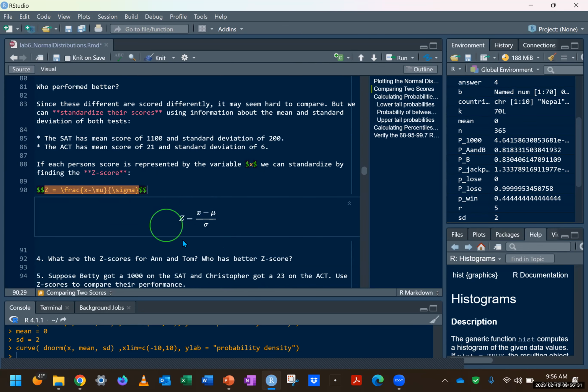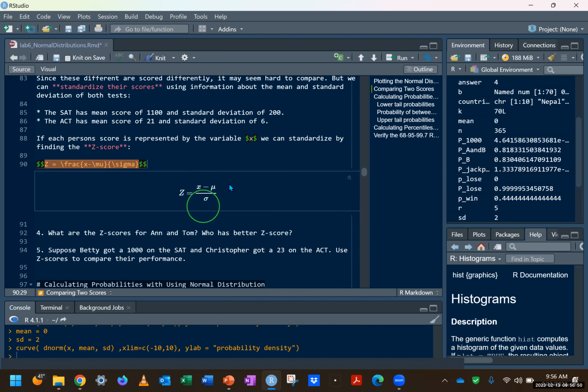Essentially, this is making each of these samples from each score a standard distribution with mean 0, because if you take a score minus the mean, that will be 0. And if you divide by the standard deviation, that will make the standard deviation always 1. Some cool algebraic properties come when we use this formula to standardize a score.